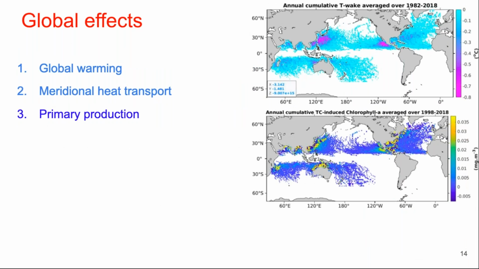So the third possible global impact is on primary production, and here we show the cold wake map as seen before, and this is the OCCI chlorophyll computed over the same period, and we can see that there are centers of high chlorophyll that coincide with centers of strong cold wake here.